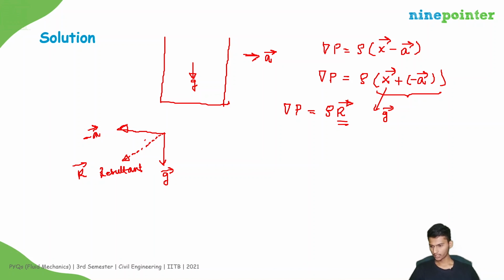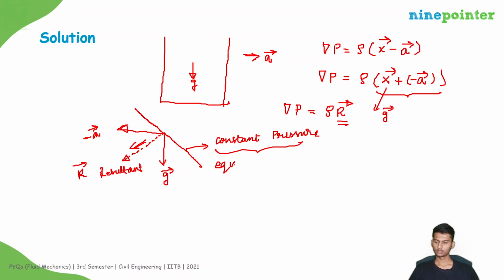So the pressure will vary in this direction. Perpendicular to this direction, the pressure will be constant, right? So these are equi-pressure lines.